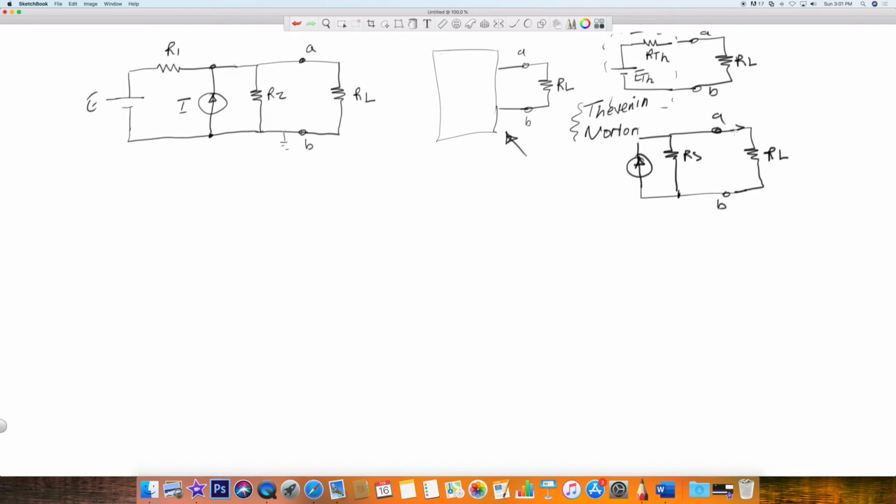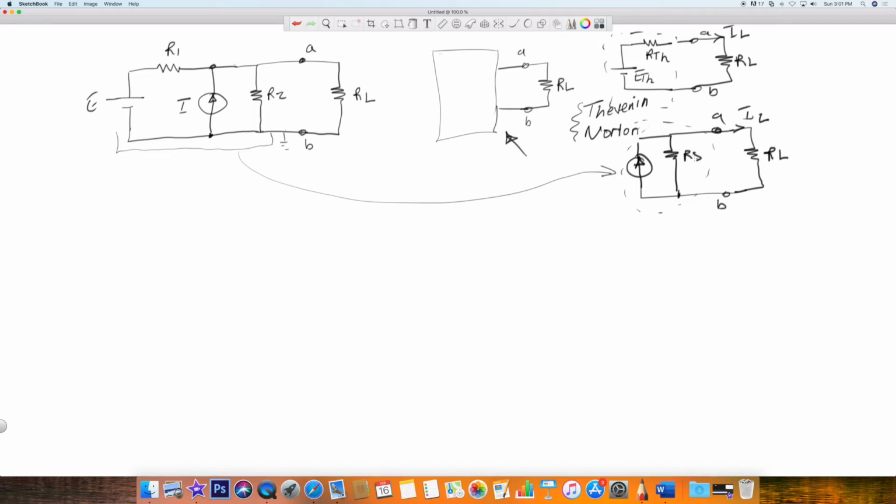Maybe we're interested in the I load here, just like we were for the Thevenin equivalent. So we're going to go from all of this right here, into something like that.